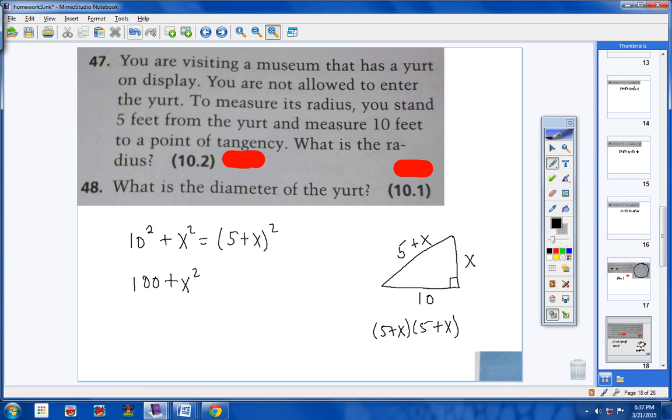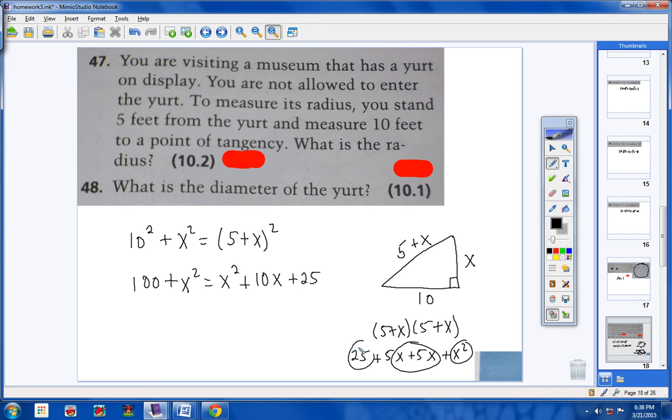So 5 times 5 is 25. 5 times x is 5x. x times 5 is 5x. And x times x is x squared. So what you really have over here is x squared, and then 5x plus 5x would be 10x. Don't put 10x squared, just 10x. You're combining like terms. And then positive 25.